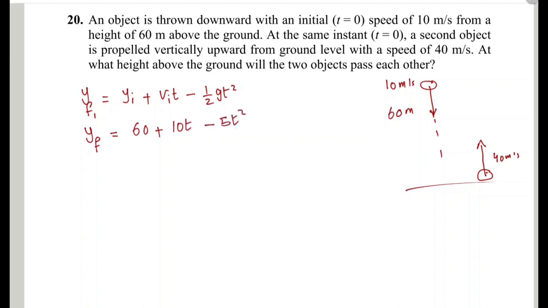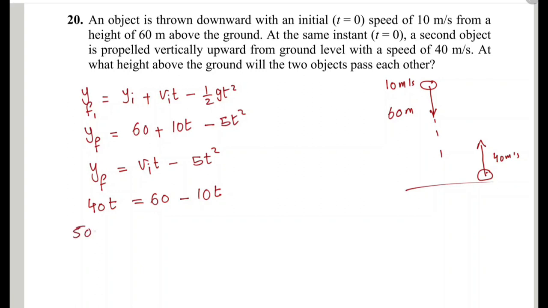Now for the other part, y final equal to v initial t minus 5t square, or 40t minus 5t square. Setting them equal, 40t equals 60 minus 10t.